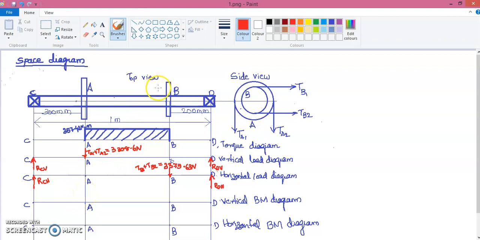At this point A we are having 694.8 Newton meter. At this point B, the vertical bending moment value we are getting is 198.5 Newton meter. And at point D and C, the bending moment is equal to 0.